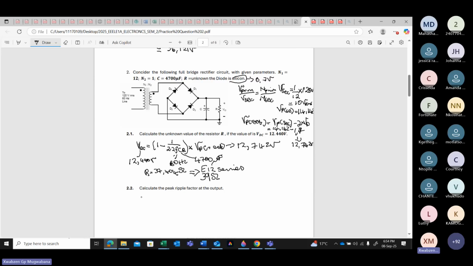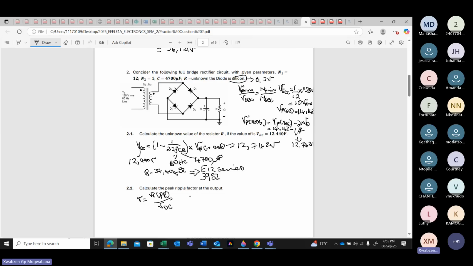The ripple factor is given by V ripple peak to peak divided by your VDC. Do I know VDC? Yes. Which means the only thing missing is my ripple peak to peak, so I must go and calculate that one.